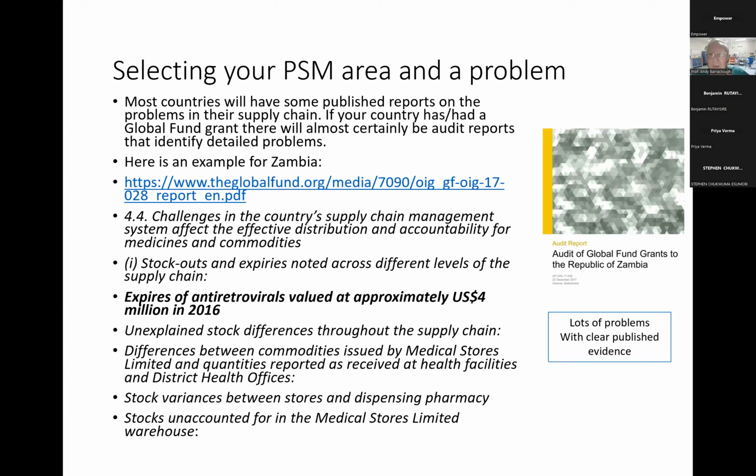There's lots of other problems in the list. So look at the list of problems, do a bit of research, see what the problem is in your country, and pick 1 item, only 1. Don't try and solve every problem. Just pick 1 item. I'm going to use this as an example. We're going to pick the expiry of the antiretrovirals.